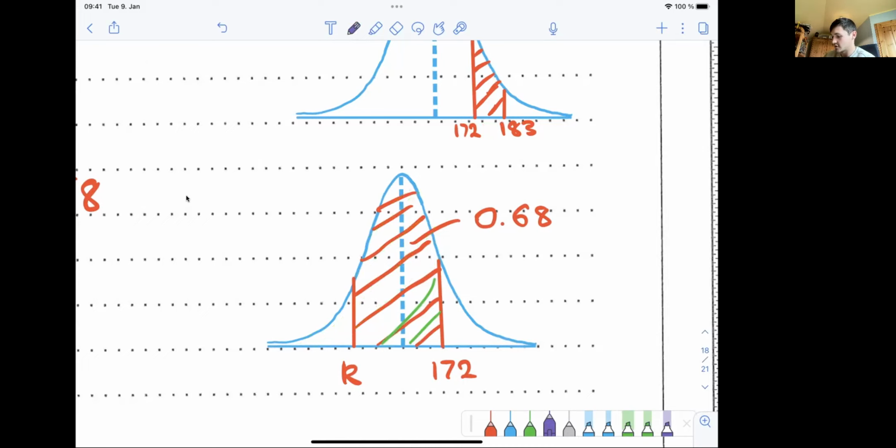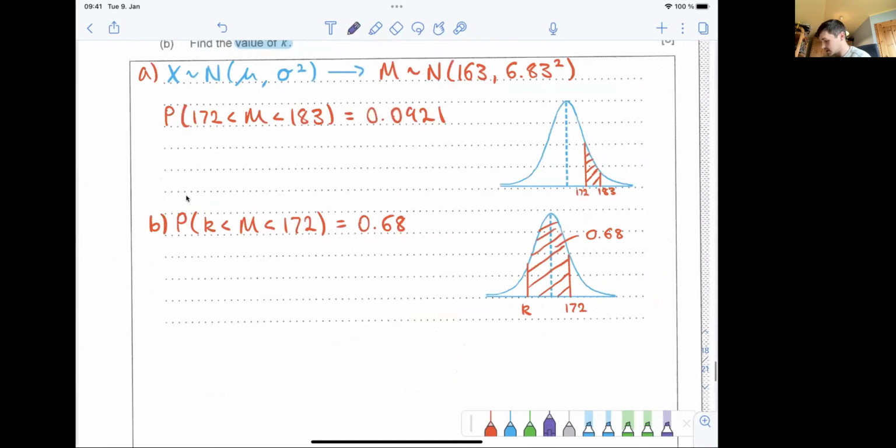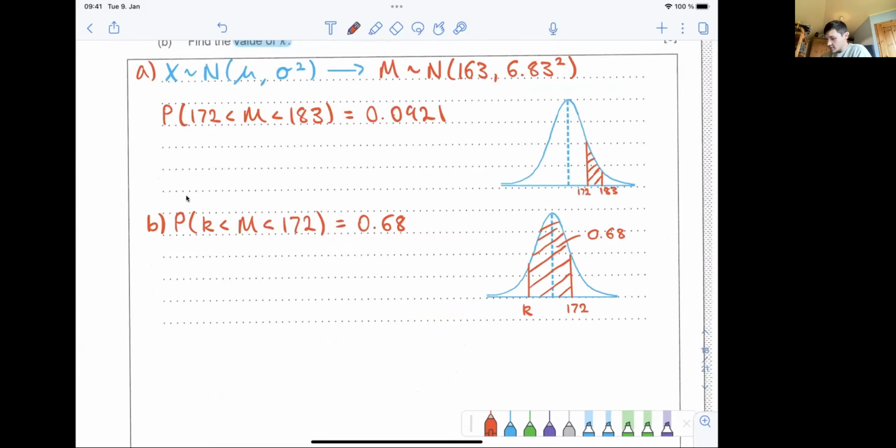So if I write what I've just tried to sketch out, I apologize for that not being overly neat, if we're trying to find the probability that a randomly selected apple is less than K, what we can do is say this is going to be equal to the probability that a randomly selected apple is less than 172 grams, subtract 0.68.